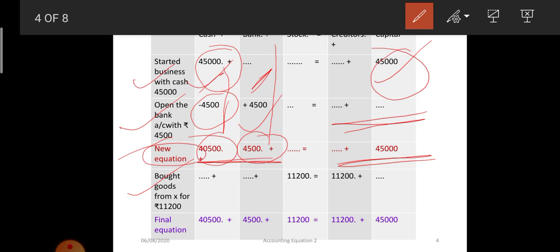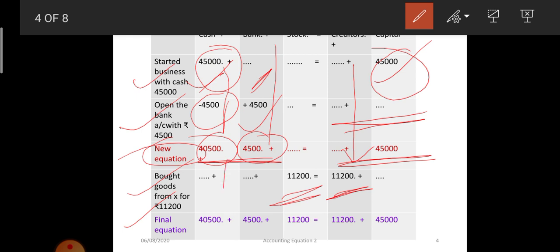Now take the third transaction, bought goods from X for 11,200. It's a credit transaction, so our liabilities, creditors, will increase by 11,200 rupees, and on the asset side stock will increase by 11,200. Now find out the new equation.